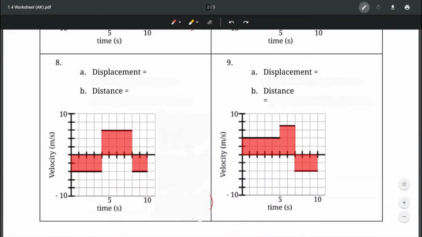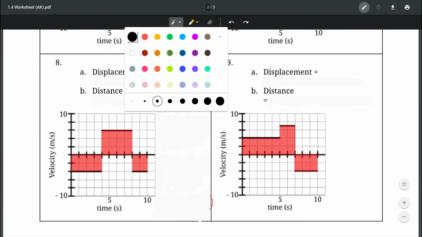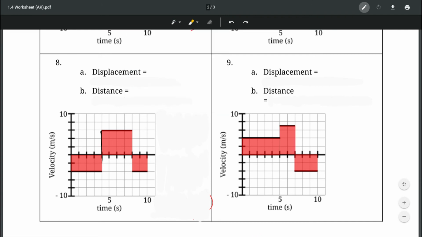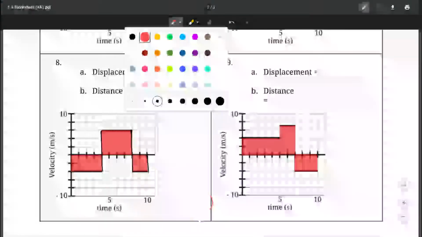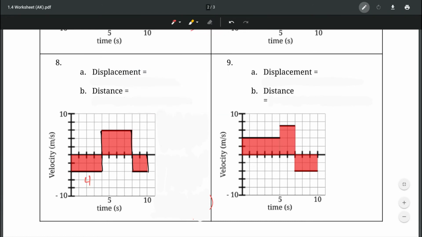In number 8, we have 3 distinct sections, and so we'll do this the same way, but when we have to calculate distance, our approach will be a little bit more obvious because of the change in direction. And so if we look at this first rectangle, we can see that it has a width of 4 seconds and a height of -4 meters per second.